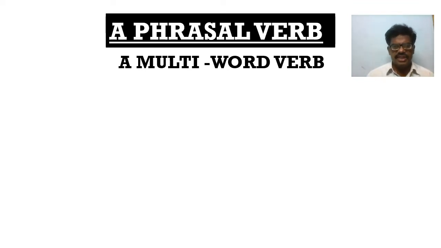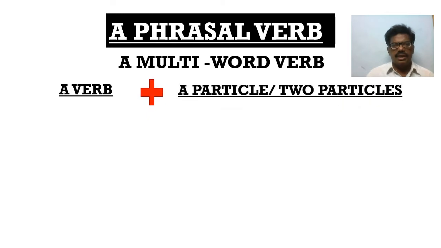Well, how is it formed? It is formed with a verb plus a particle or two particles. What is a particle? A particle may be an adverb or a particle may be a preposition. Well, let us see how this multi-word verb or phrasal verb is formed.